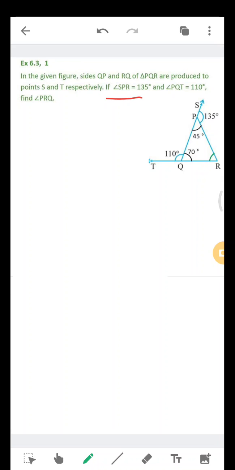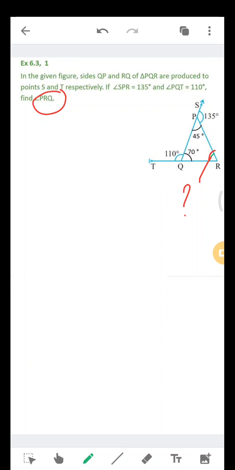It's given that angle SPR is 135 degrees, and angle PQT is also given to us, it's 110 degrees. So we need to find angle PRQ. What will be the measure of PRQ?